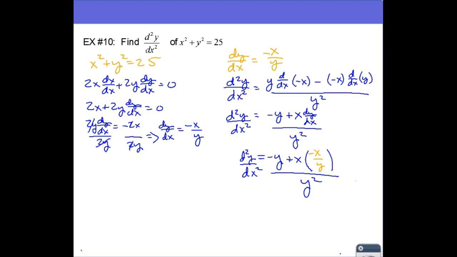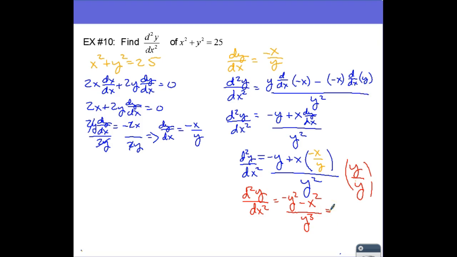Now we don't like compound fractions, and the only problem here is the denominator of y. So let me multiply top and bottom by y. And if I do that, we get d squared y, the second derivative of y with respect to x squared, equals negative y squared minus x squared over y cubed.